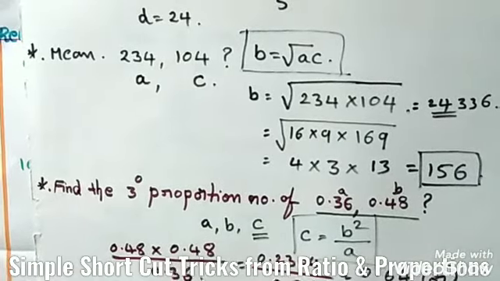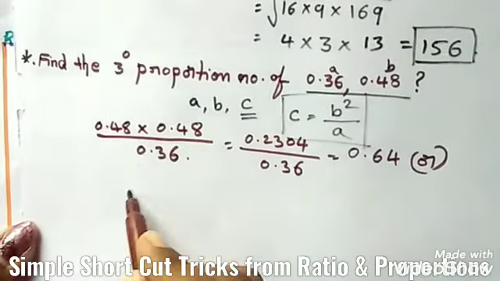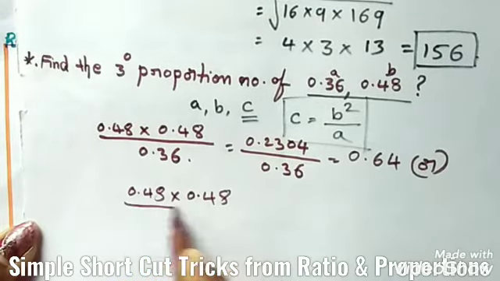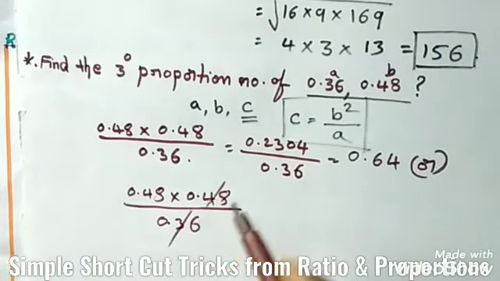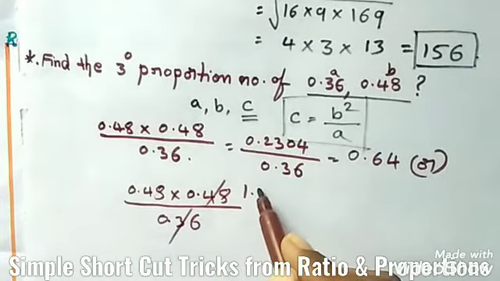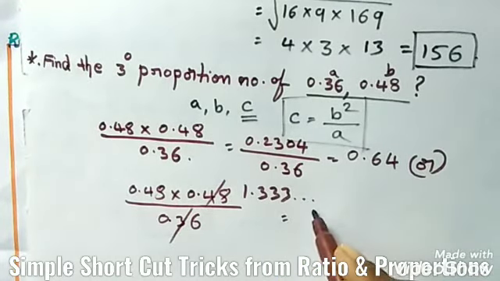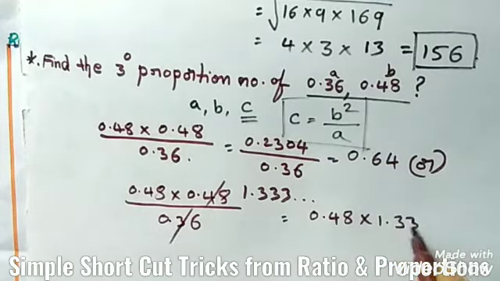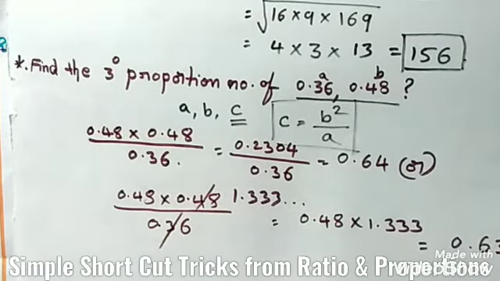Or else in another way, 0.48 into 0.48 by 0.36. This will be cancelled here, giving 1.33 times. So now you have to multiply 0.48 with 1.33. Now the answer is 0.6399 and so on.